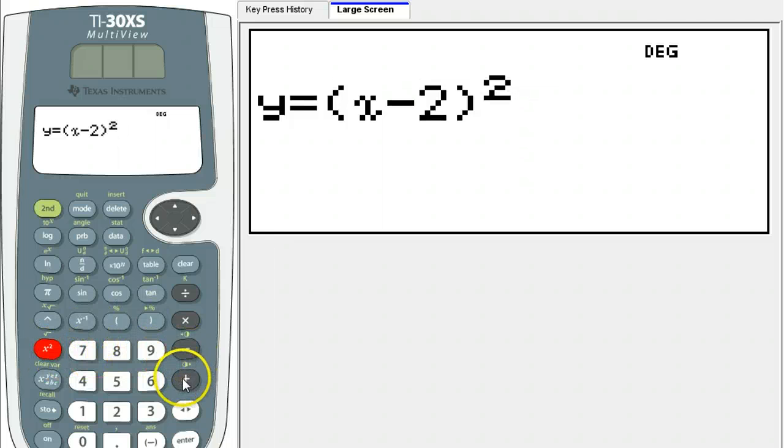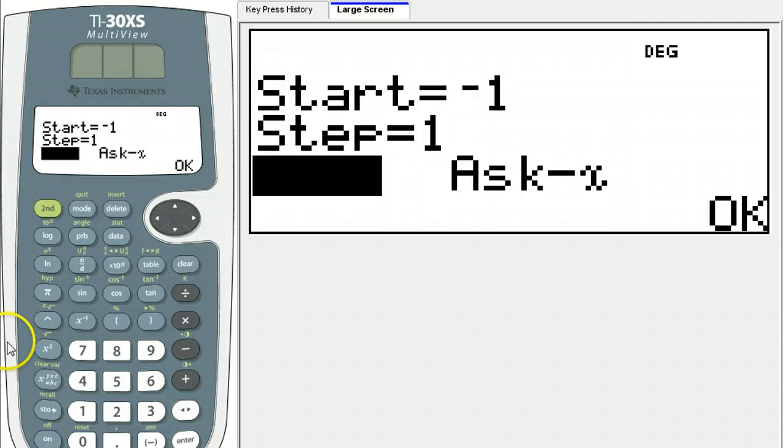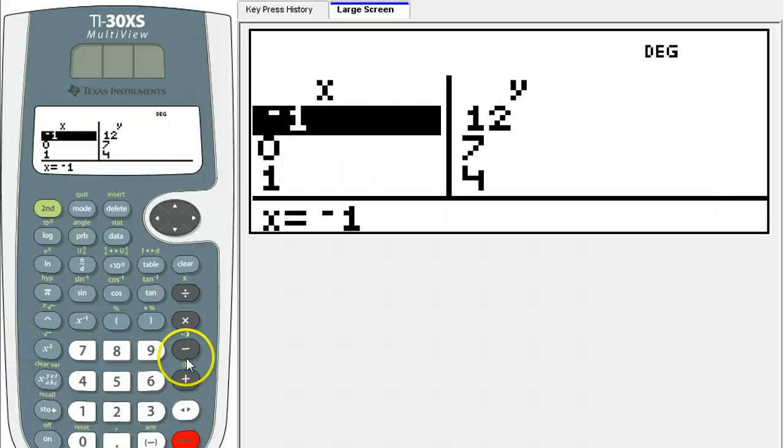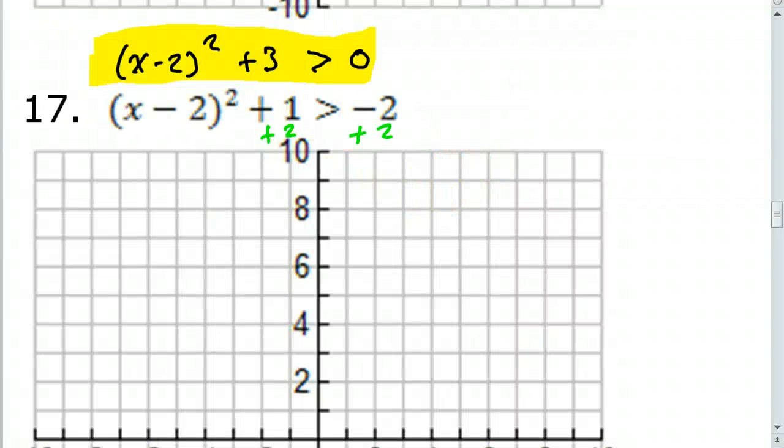Okay, squared plus 3, thanks. Okay, so let's get to the table of values. All right, 12 will not fit. That means 0, 7 is the first value. 0, 7. So let's graph that.